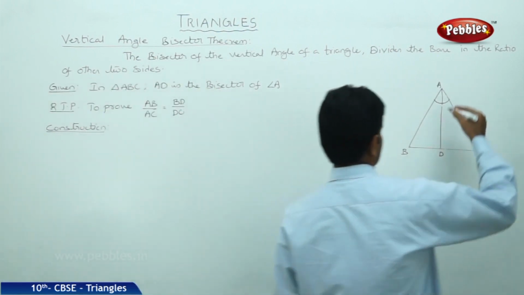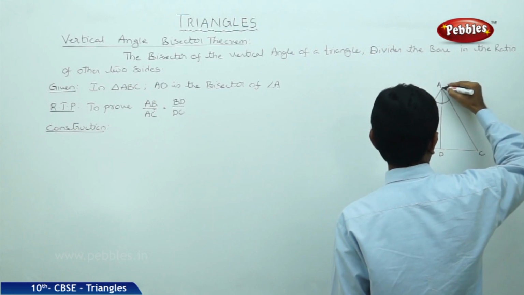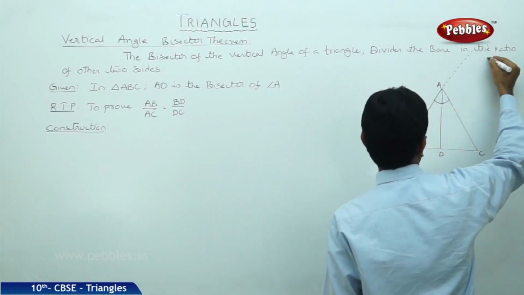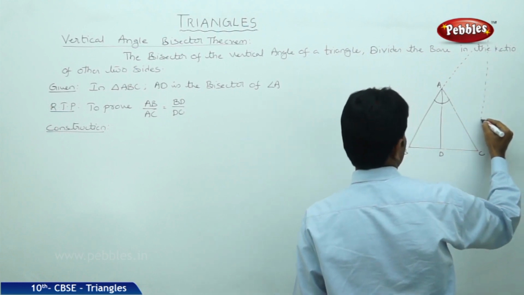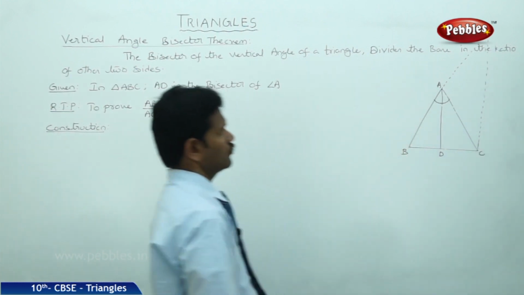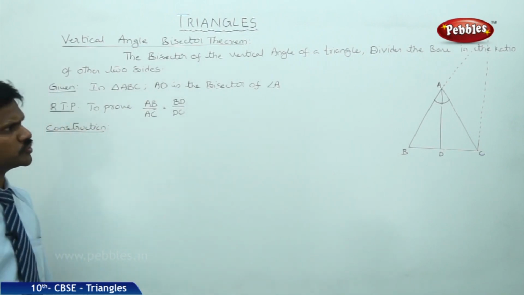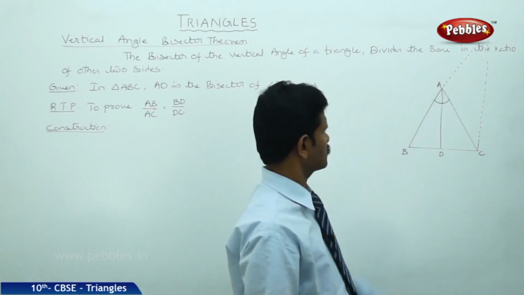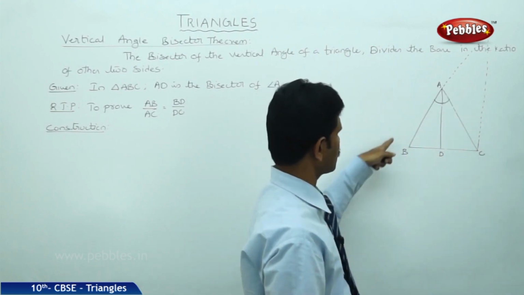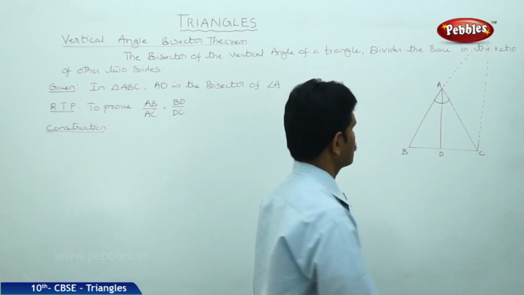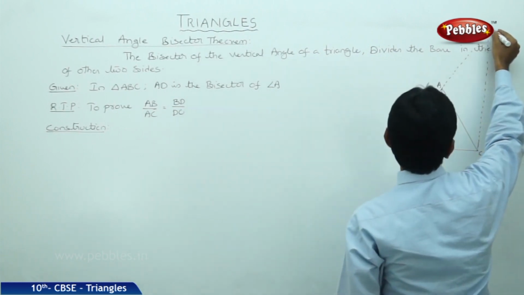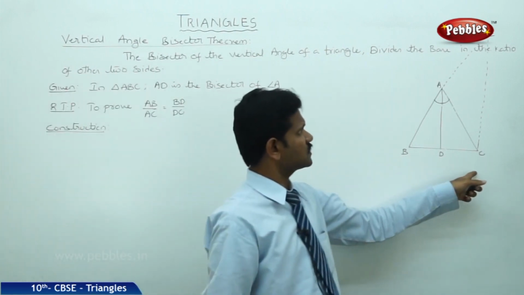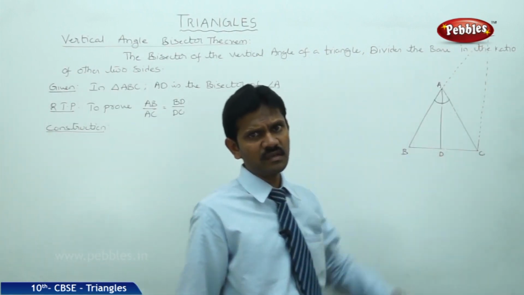Now, this is the construction part. In this construction part, AB is produced up to E such that C touches the E.